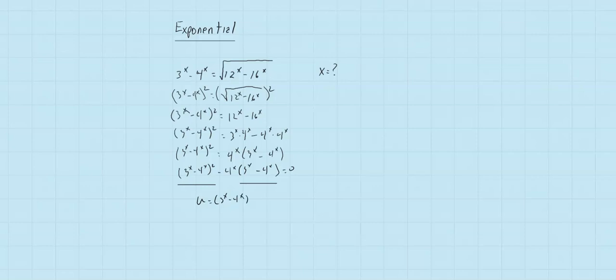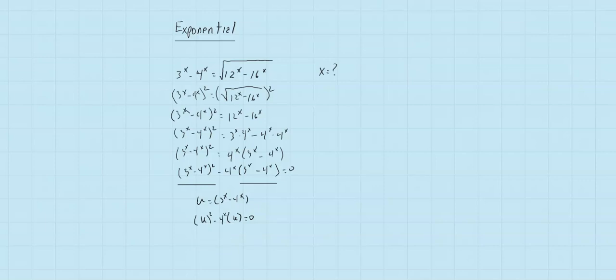So then, if that is the case, we can say that this right here is u² minus 4^x times u, and we can set this equal to 0. I'm sorry, this is to the x right here.